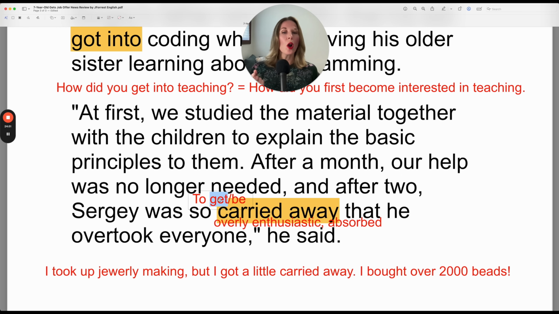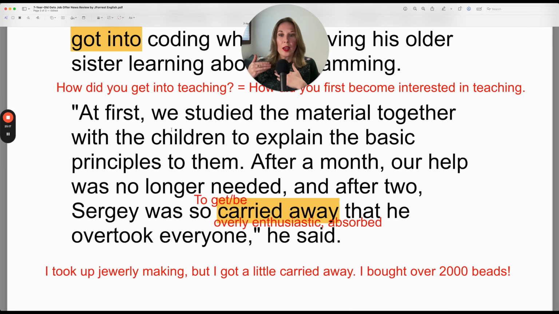This is also commonly used with the verb get, again, as that transition from not carried away to carried away. What does this mean? If you get carried away by something, it means you're so overly enthusiastic, overly passionate, overly interested that you do more than needed, wanted, or expected.